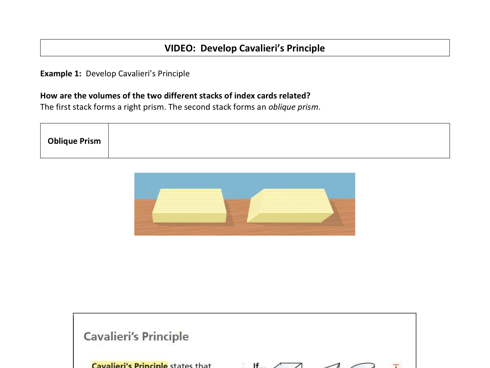An oblique prism, if you were to connect the center of the base on top to the center of the base on the bottom, it wouldn't be perpendicular.